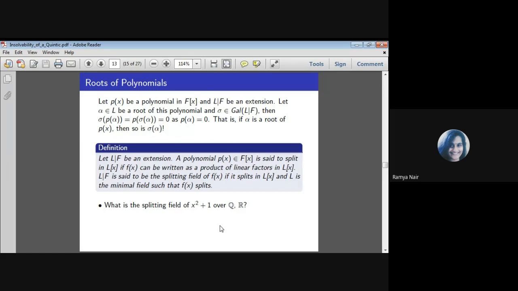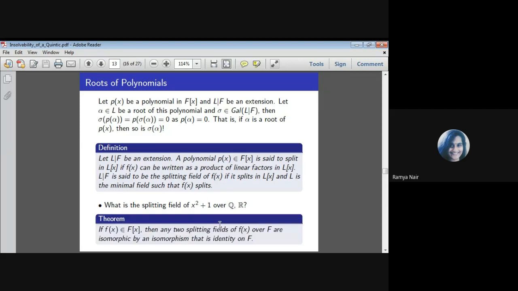Okay. So now you have an extension L over F, and a polynomial is said to split in the bigger field if you can write it as a product of linear factors. So L over F is said to be the splitting field of a polynomial if the polynomial splits in L[x].